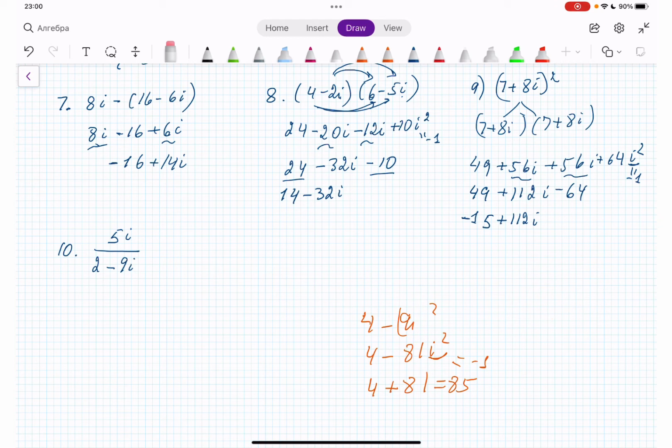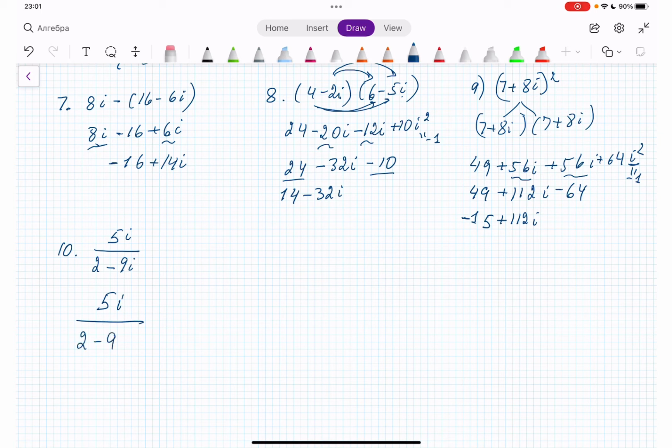Okay, let's work on it. This was a drafting. Now, let me rewrite. 5i divided by 2 minus 9i. So we need to multiply by the opposite sign, meaning 2 plus 9i. What do we get?